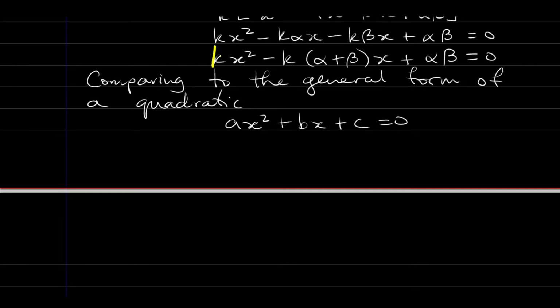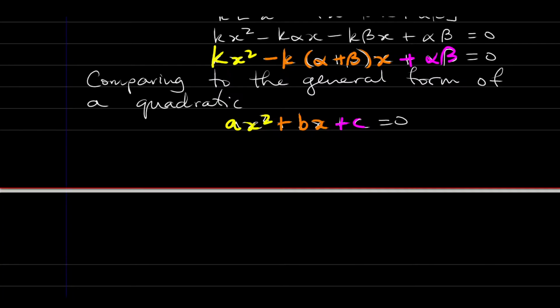I can see that kx squared and ax squared compare to each other. And I can see that minus k into alpha plus beta, close bracket, x, compares to plus bx. And I can see that plus k alpha beta and plus c compare to each other as well.